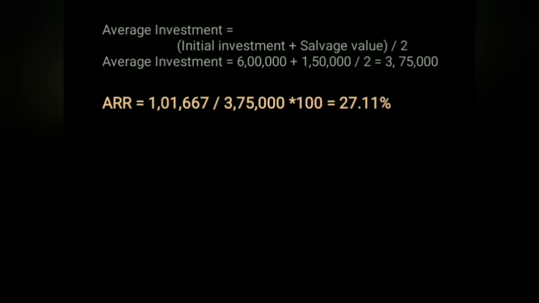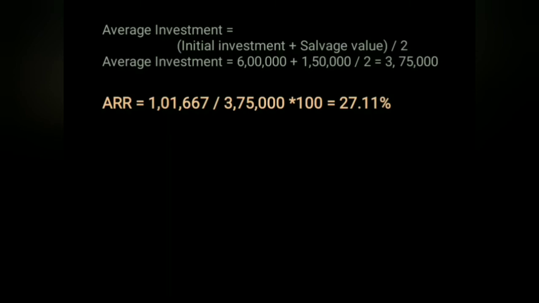Then we will find out the ARR by dividing the average annual profit by average investment. Average annual profit will be 1,01,667 and average investment will be 3,75,000, and here we are working with the percentage, that's why multiplying by 100, we are getting 27.11%.